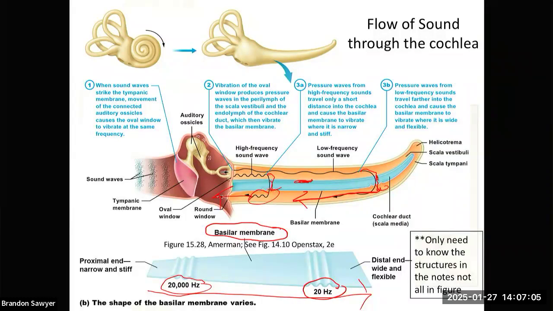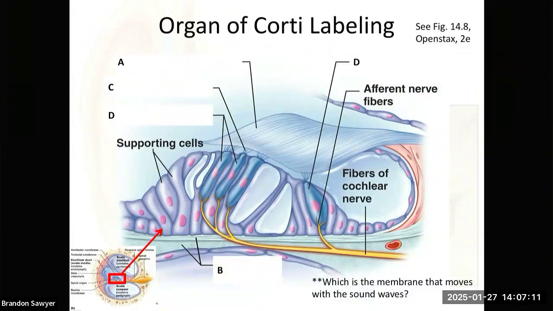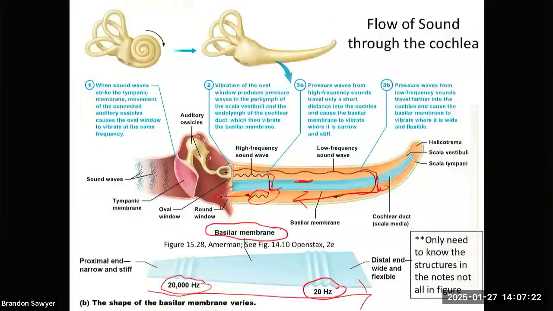So if your ears are ringing, we'll come back to this, but these are the little hair cells, right? When they bend, that activates this cell, which activates the neuron and sends a signal up. When your ears are ringing, it's usually because you've had a really high amplitude, which is just a loud sound, and a high frequency wave hit here.